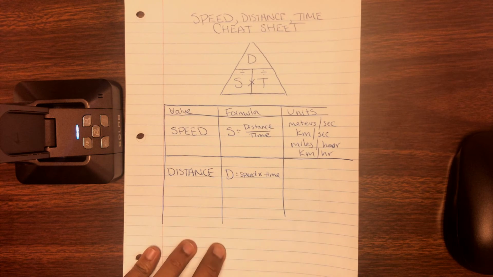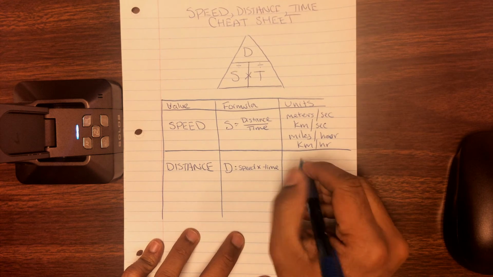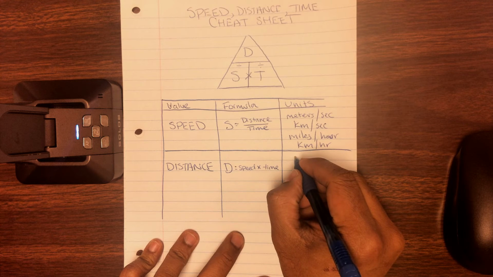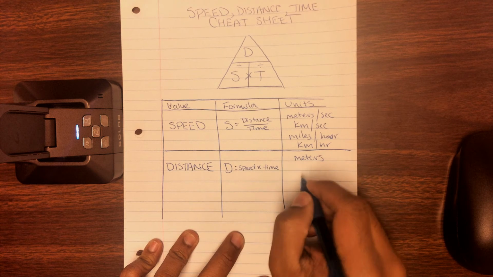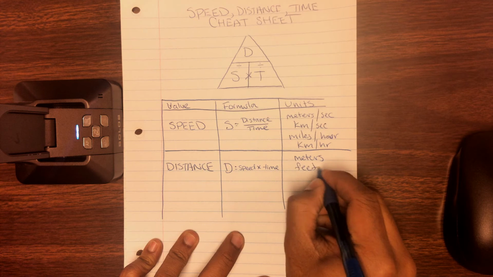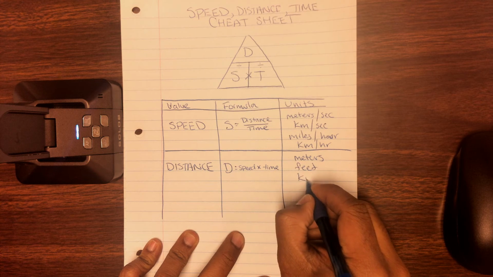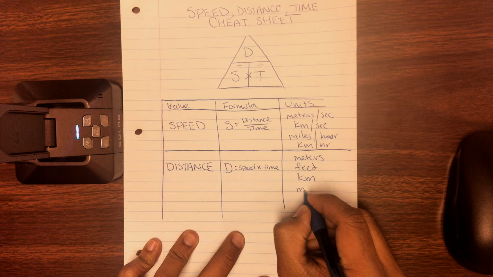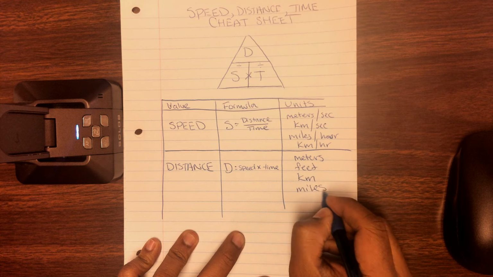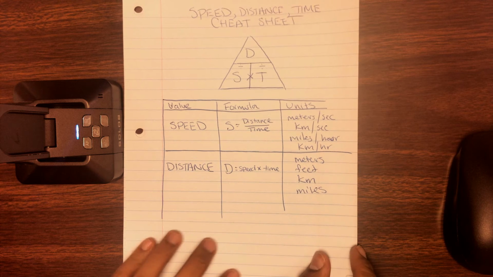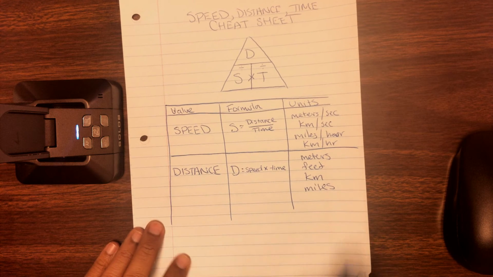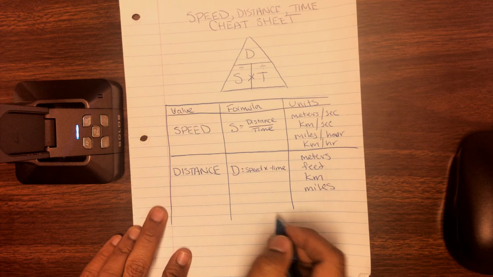And the measurement for distance is going to be meters. You might have feet, kilometers, miles. Those are just some examples. You might see some other ones, but those are some examples of things you might see. I'm going to draw another line.